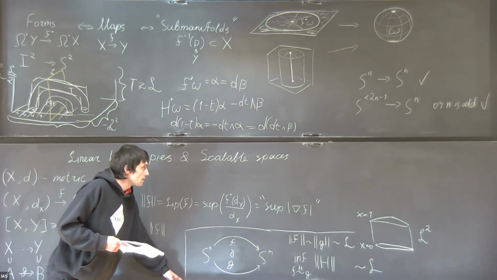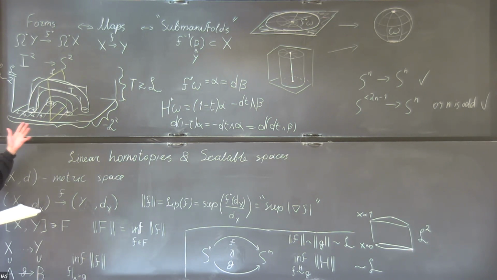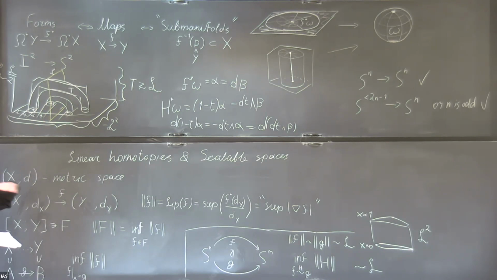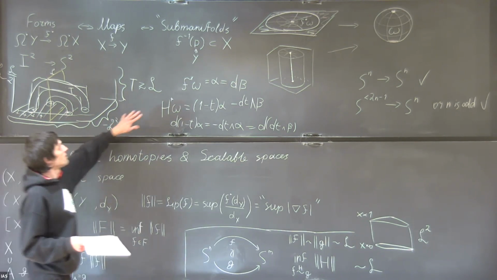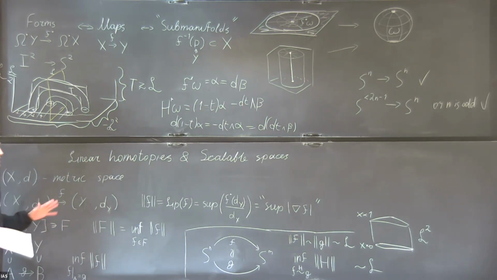One thing that I forgot to mention is how we actually get quantitative bounds from there. Well, we have to make sure that all our forms have the same bound, that beta is a nice primitive form to alpha, and there is some isoperimetric lemma.